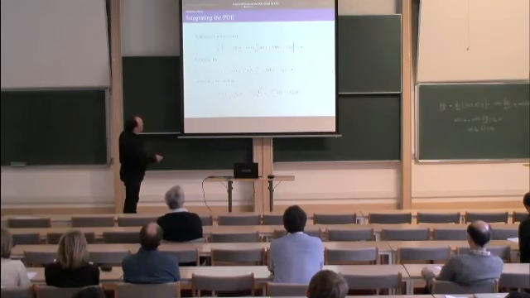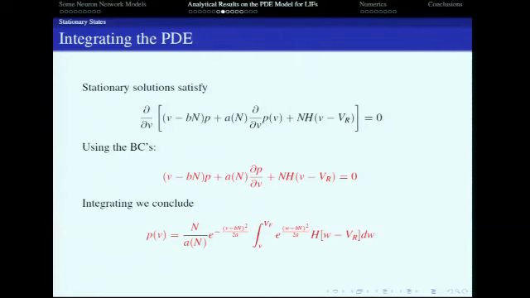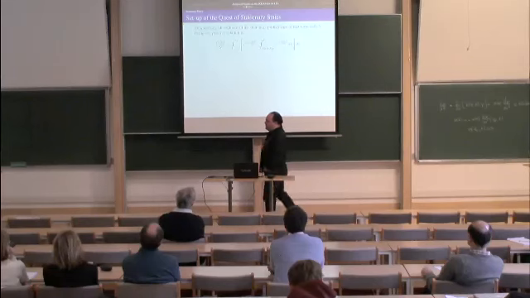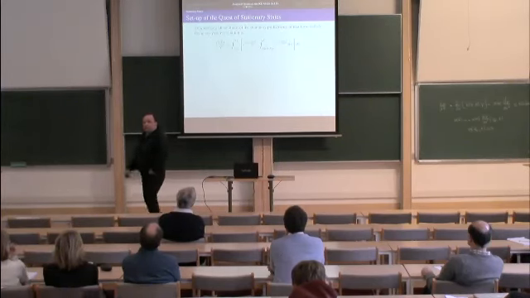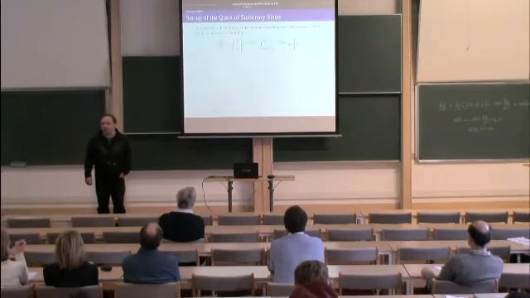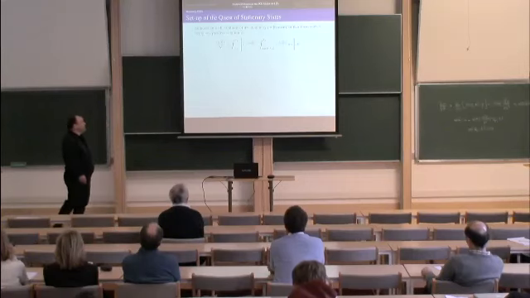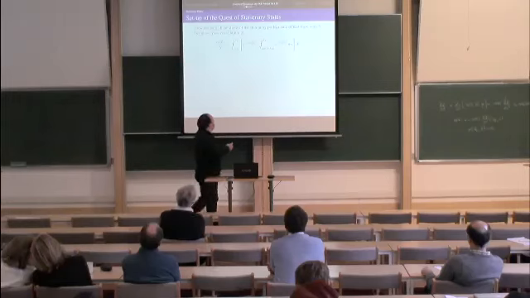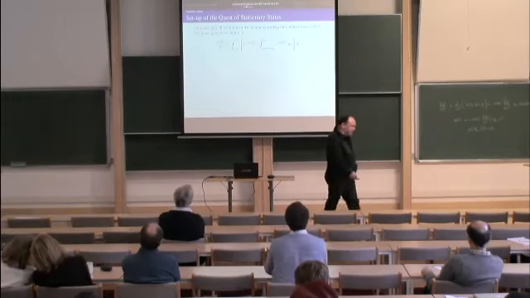Just by integrating in V and imposing that it is 1, putting N over the other side, you get that the n's corresponding to stationary solutions should satisfy that horrible integral equation. Well, it's a one-dimensional equation for which you need to say how many solutions you have, but it's a horrible one. So we don't have a precise answer of how many solutions we have, because this integral formula is not that nice to work with.